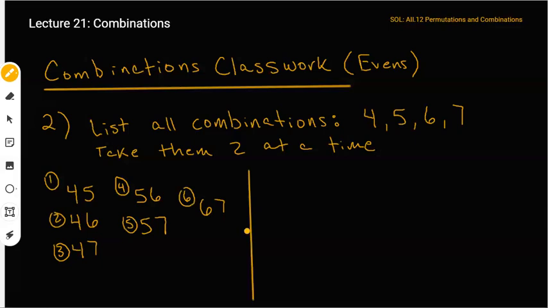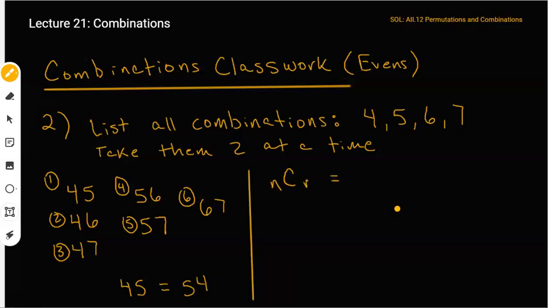What that means is 4, 5 is the exact same thing as 5, 4. So I don't need to list 5, 4. I already have it as 4, 5. So those are the 6 different combinations. Now let's use the combination formula to see if this is all that I need. I'm going to use NCR.